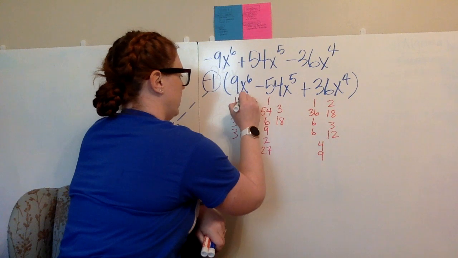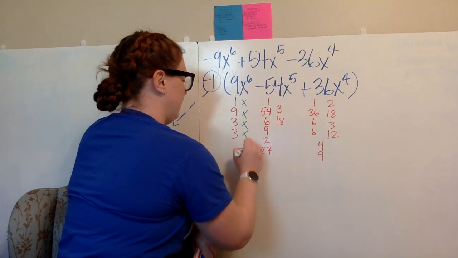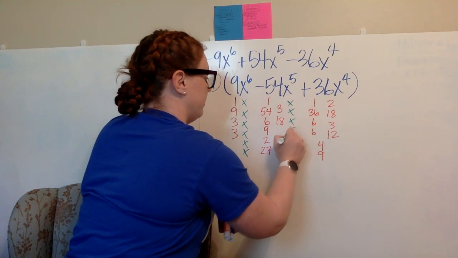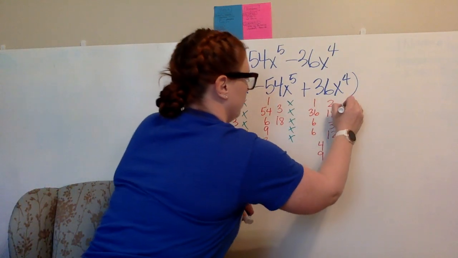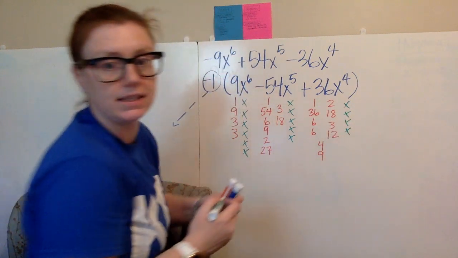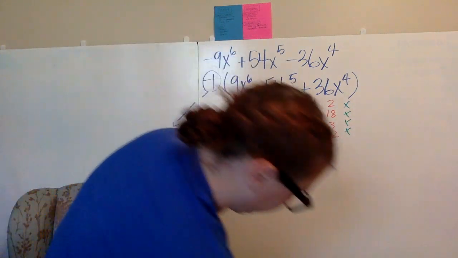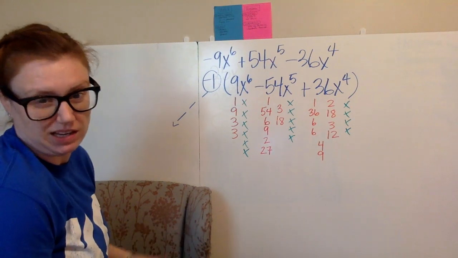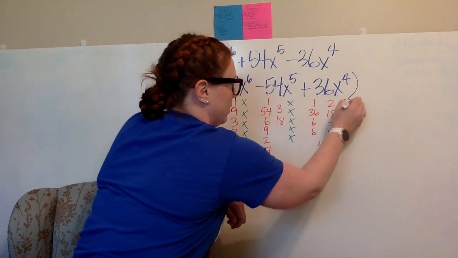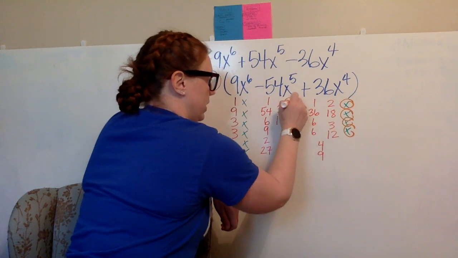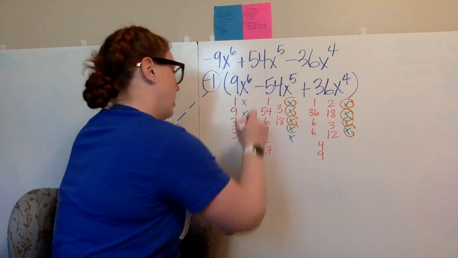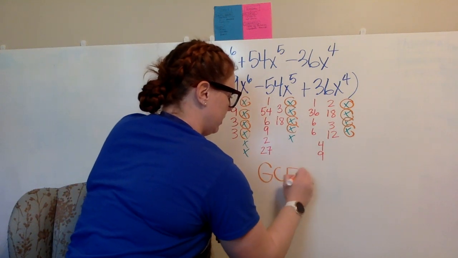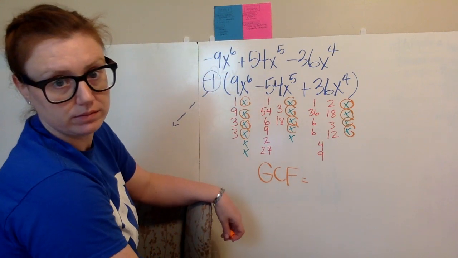Then I have 6 x's, 5 x's, and 4 x's. What's the biggest number that they all share? I can do my x's right off the bat because the smallest count is 4, so my GCF is going to include x to the 4th.